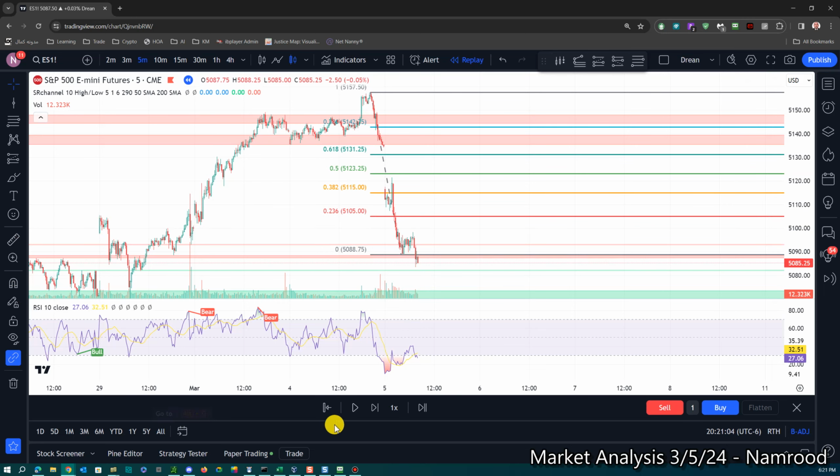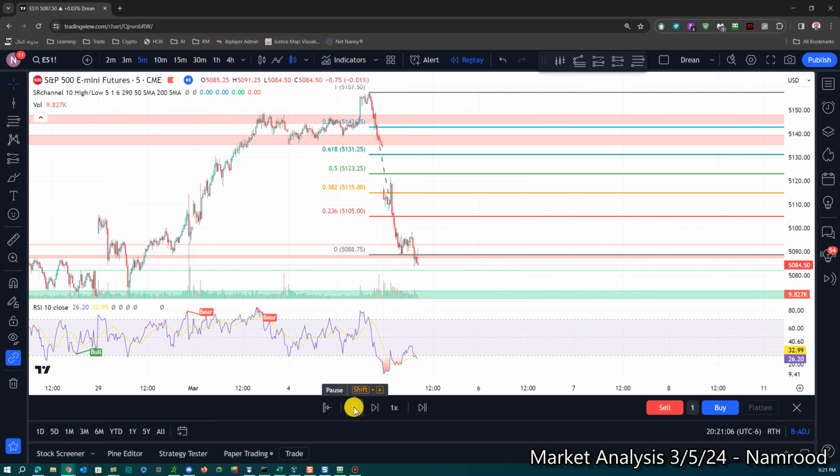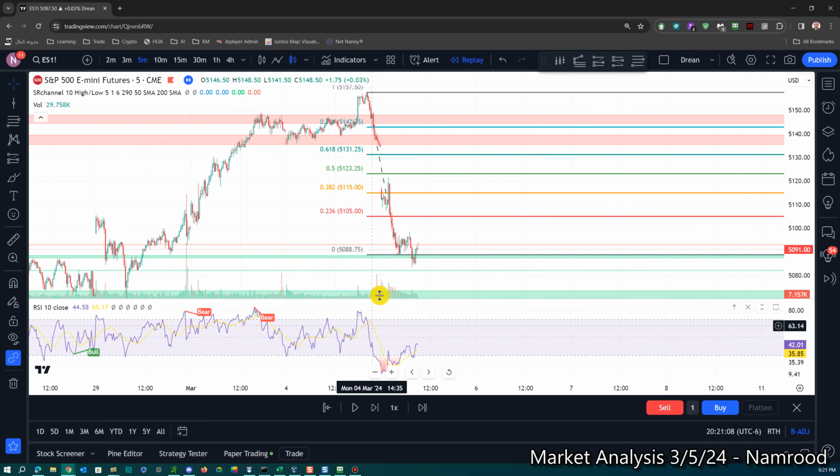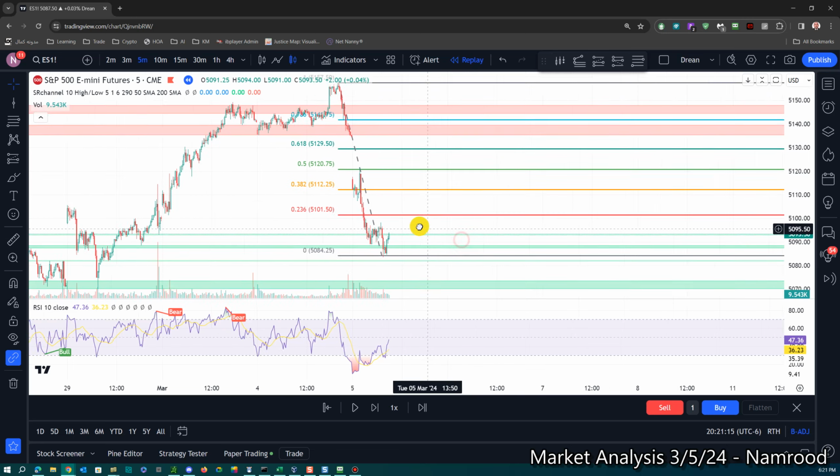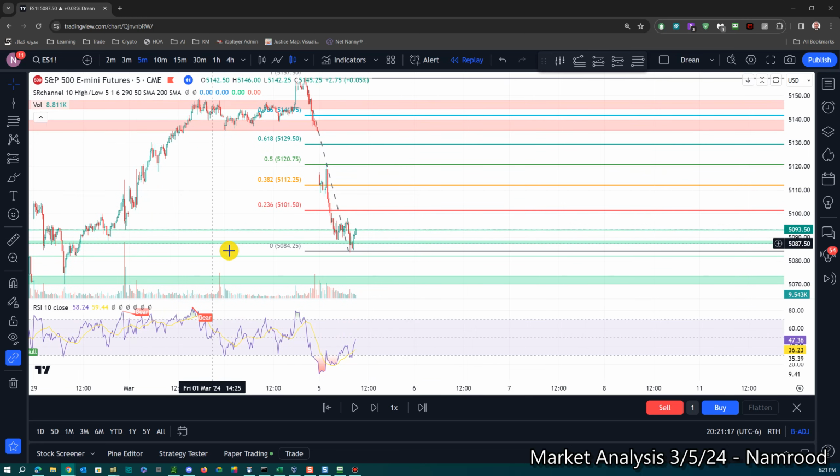And we continue. Now every time it makes a new low, you will have to change your fib. So it's a new low, it's a new fib. Fib has to be dynamic. And you can see on the other side, it's really oversold. It's screaming.